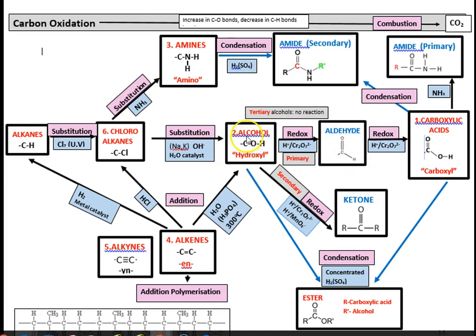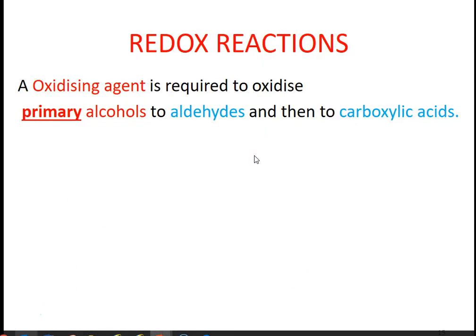This carbon has got 2 hydrogens attached to it. But when you get over to here, the double bond has lost a hydrogen. So it's being more oxidized because it's lost a hydrogen. Okay, so in order to go from an alcohol to an aldehyde, you need an oxidizing agent.